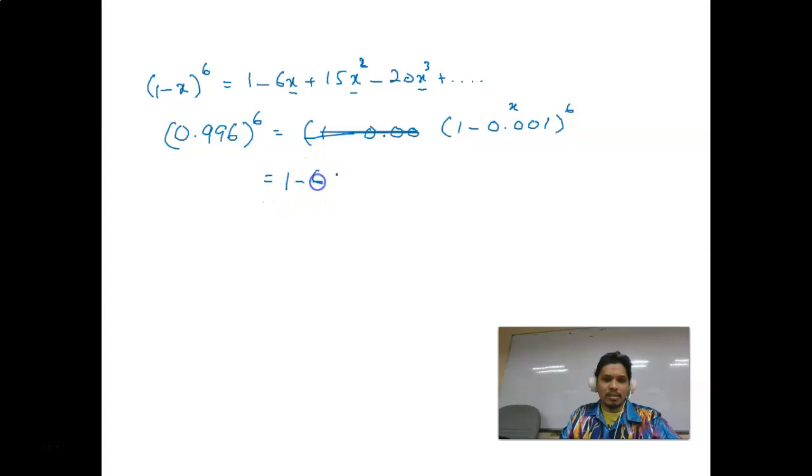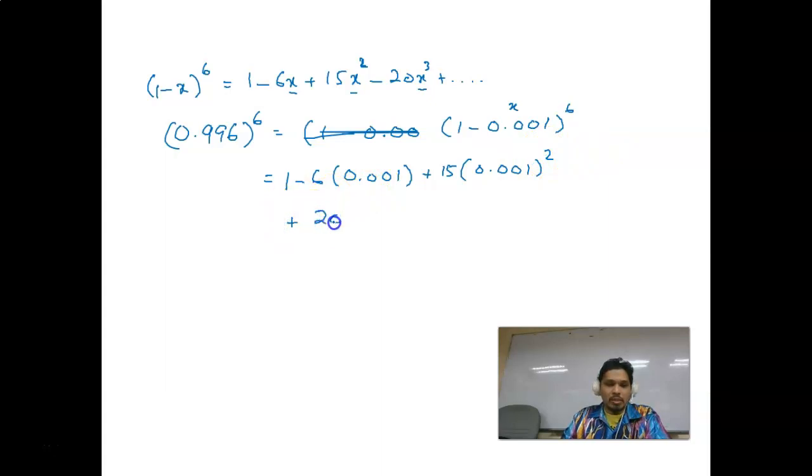So it is a 1 minus 6 of 0.001 plus with 15 of 0.001 squared and plus with 20 of this 0.001 cube.